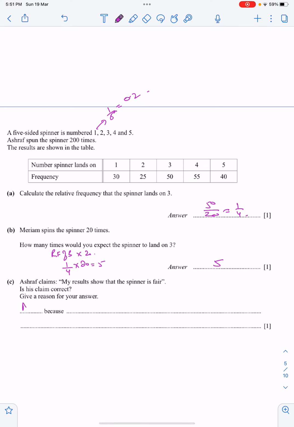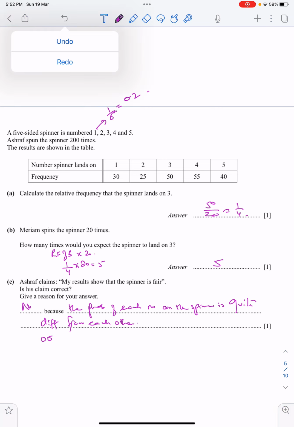So you will say no, because you can write the answer in terms of probability as well as in terms of relative frequency. So you can write the probability of each number on the spinner is quite different from each other, or you can say that the relative frequency of each is very different.